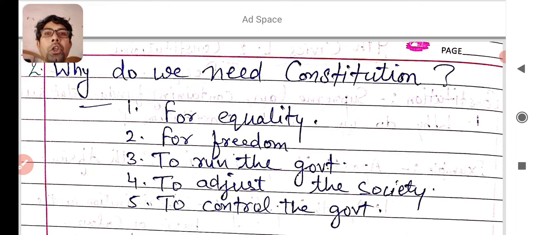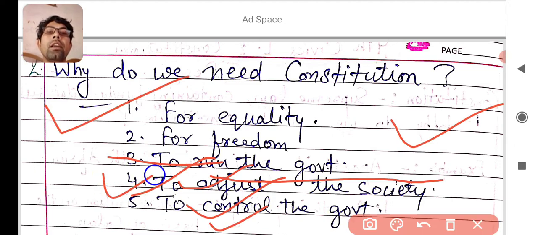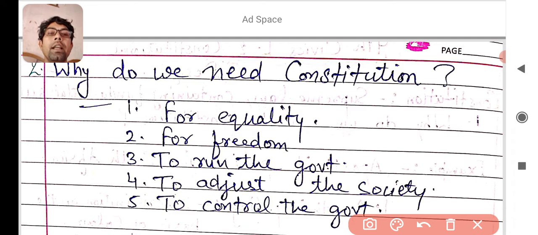So in a constitution, it's clearly written that there will be socialism, or it means equality among the people. If it is written that there will be equality in the society, it means it will adjust the society. No conflict will be there. And to control the government also.